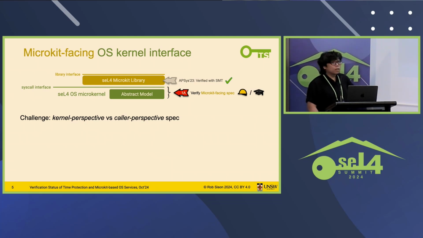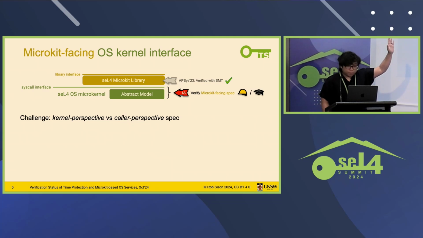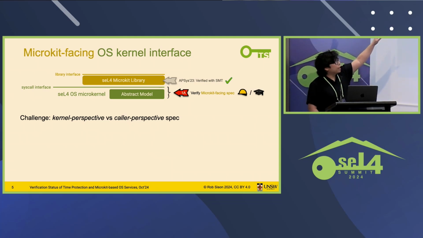Now, what we realized, though, is that there is a gap between the behavior of the kernel as assumed by that Microkit spec, and what we've actually proved about the microkernel.